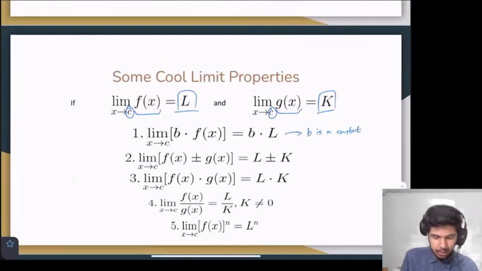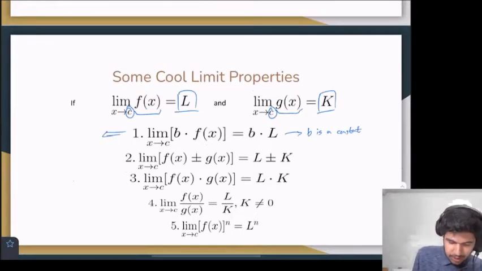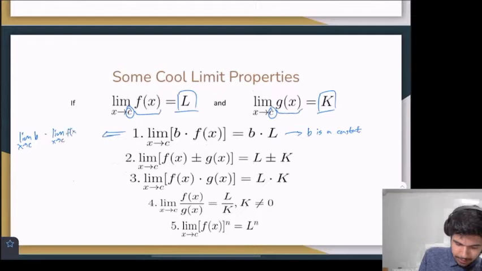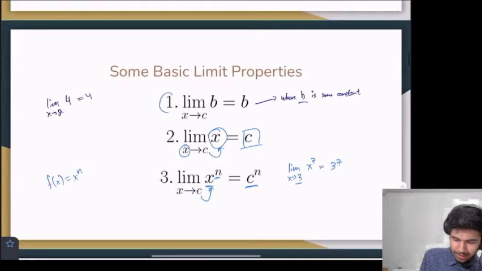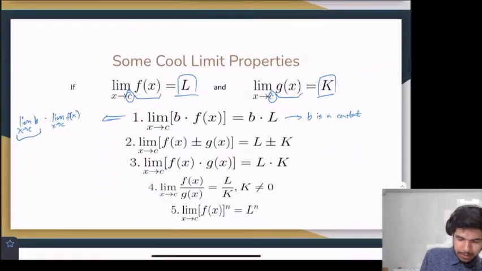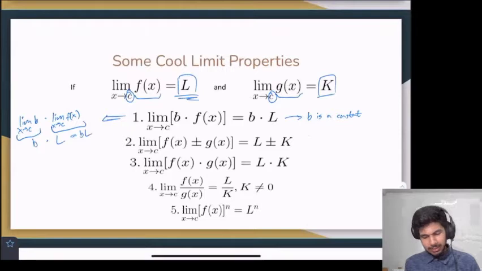So essentially what this is saying is we can sort of distribute the limit. We can get the limit as x approaches c of b times the limit as x approaches c of f of x. This, by our first limit property, evaluates to b, and this one we're given here, that's equal to L. So it's equal to bL. So that's that.